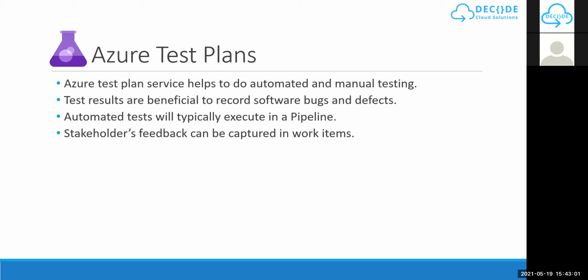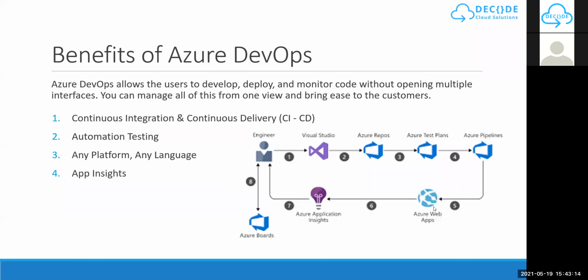So this allows you to execute, track, and automate the testing of your application in a very well organized manner. So with this very basic understanding of these five components, what are the benefits of using Azure DevOps?